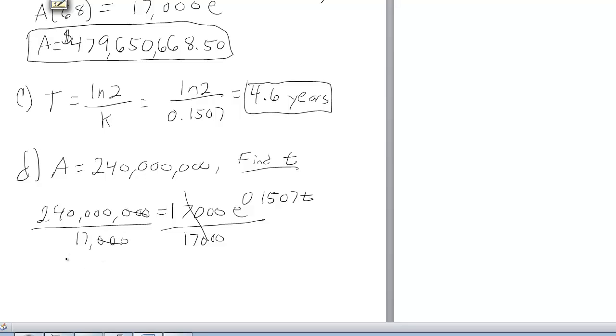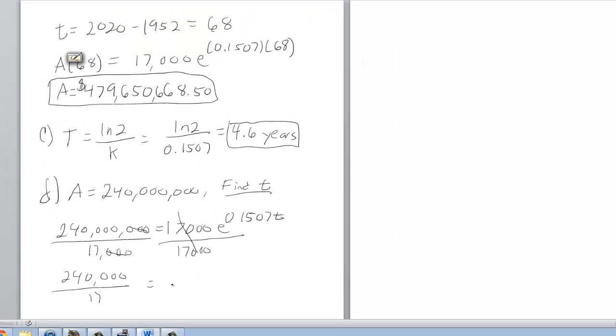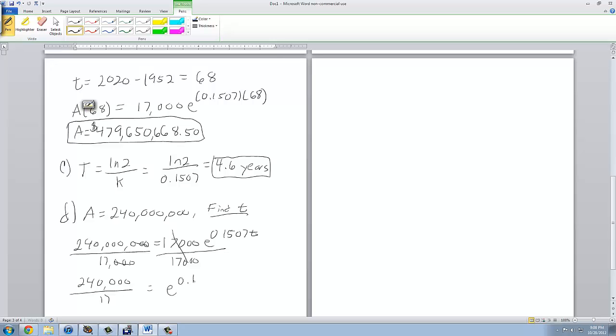Again, we can cancel out some zeros, but don't round this. 240,000 divided by 17 is equal to e to the 0.1507t. Now we take the natural log of both sides.